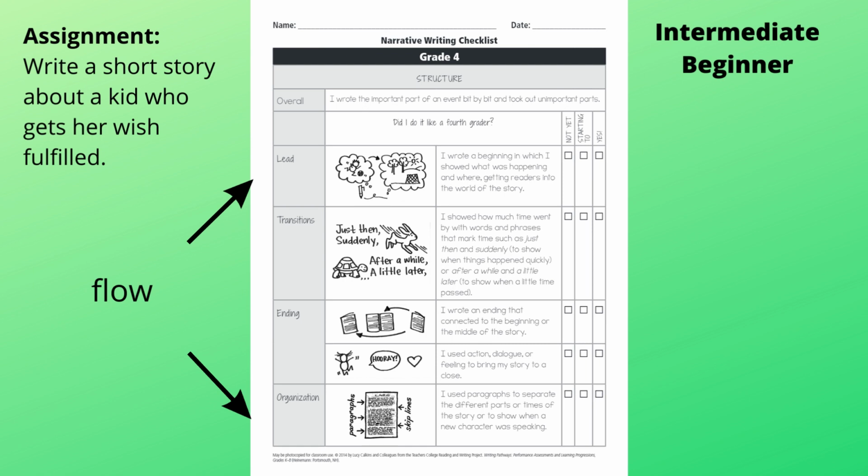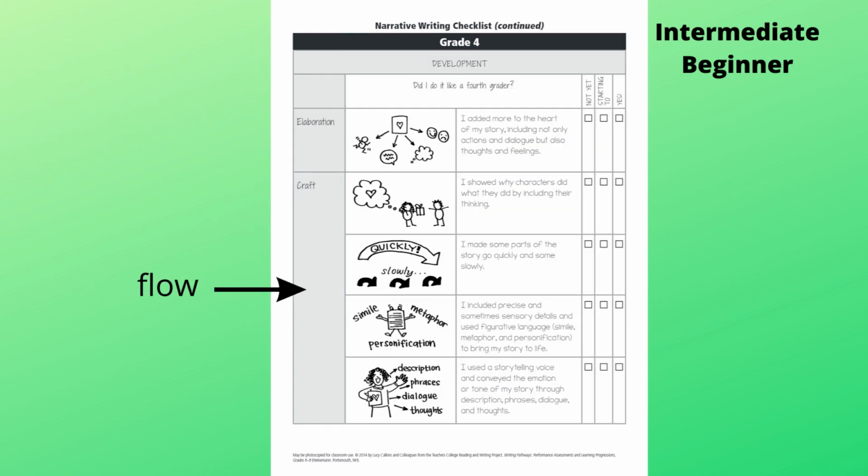Like I said earlier, it's best to provide a sample piece of writing for students to reference from. This checklist demands much more than the previous one. This checklist could also be scaffolded.